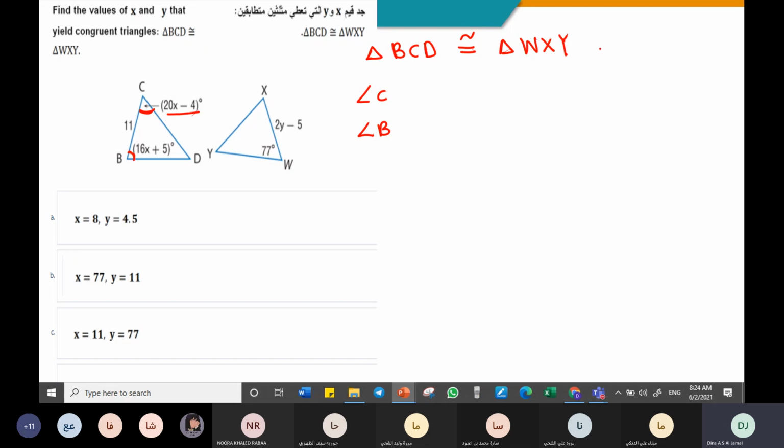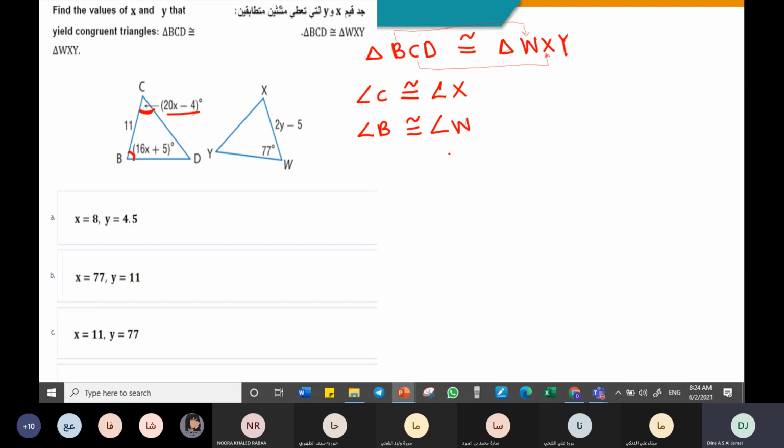Can you look at the statement of the congruence and tell me angle C with which angle it will be congruent, and angle B with which angle it will be congruent? C to X and B to W. So let's check. You will go from C to X. Excellent. So angle X and B to W. Let's check. Excellent.